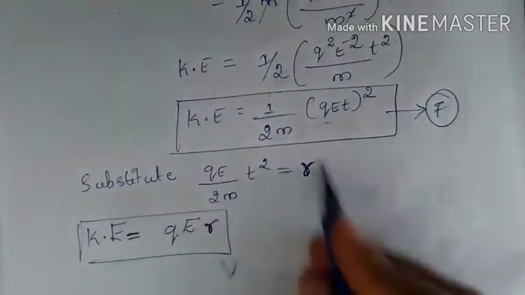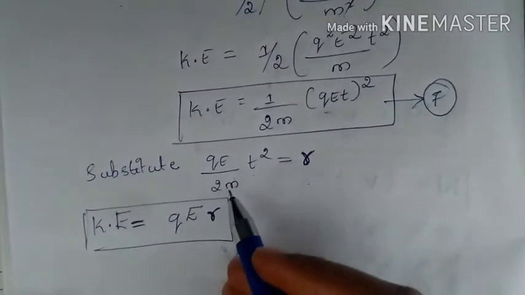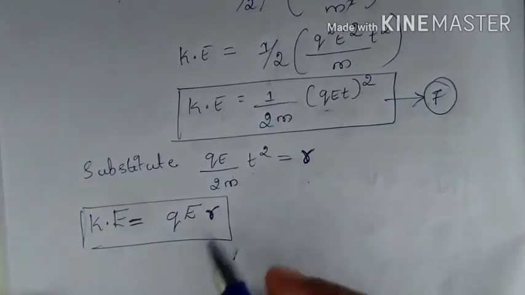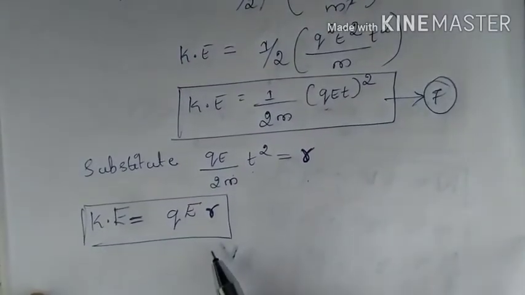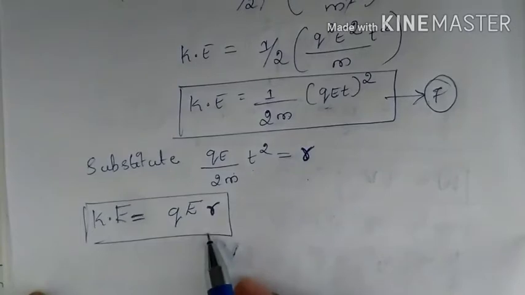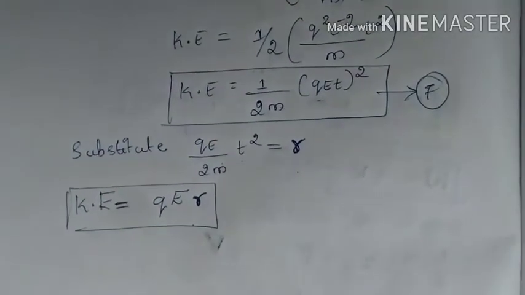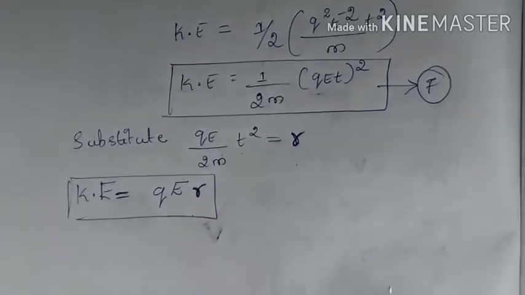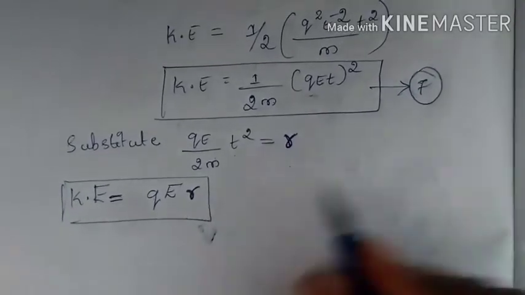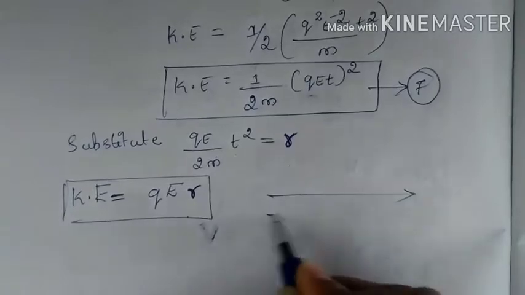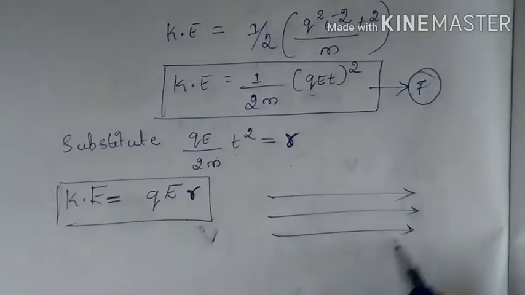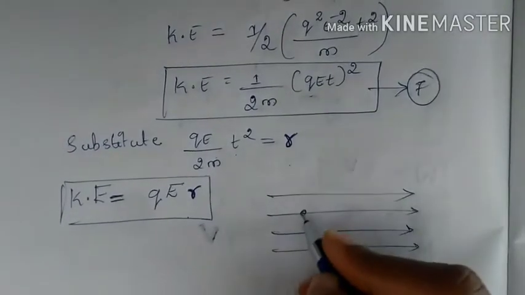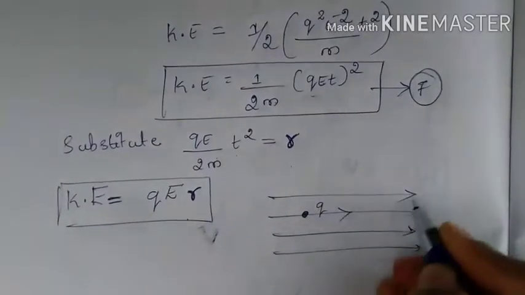R is just a constant that we have taken here. So this is the expression for the energy acquired by the charge when it is moving in an electric field. So this much kinetic energy will be acquired by the charged particle when you keep that charge in the uniform electric field.